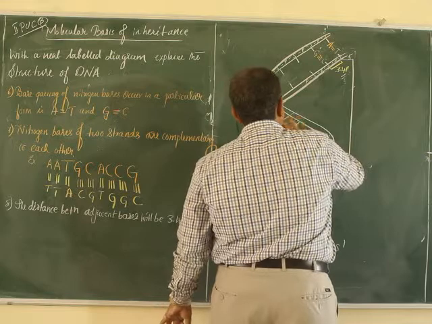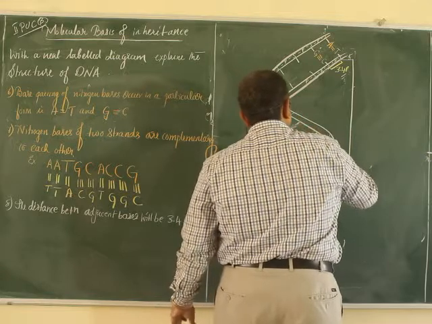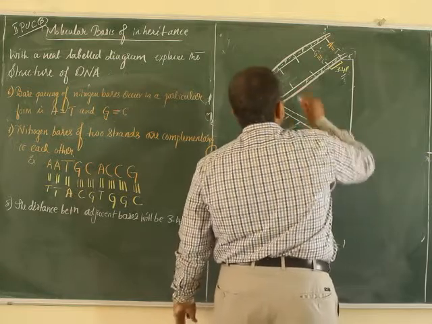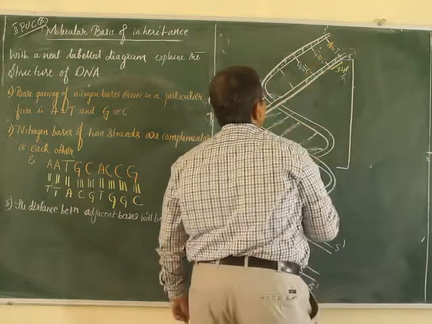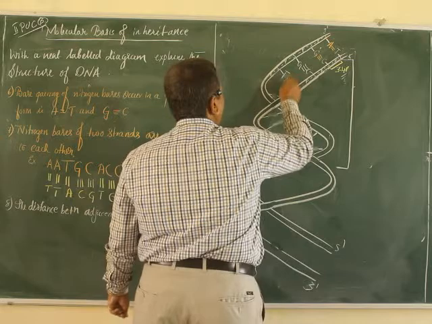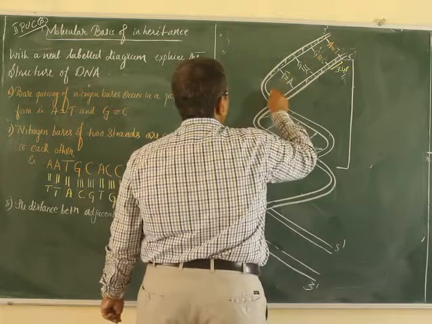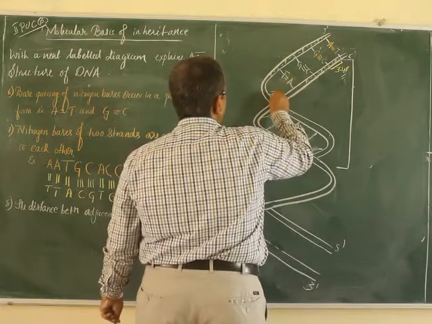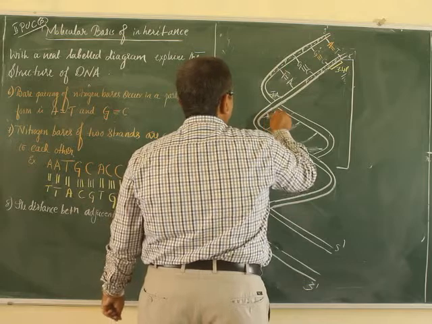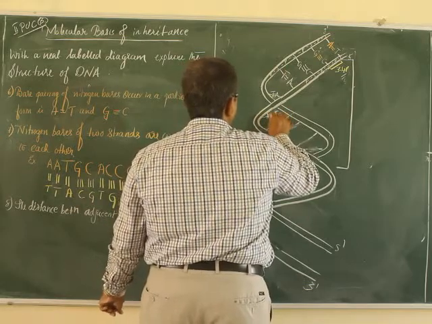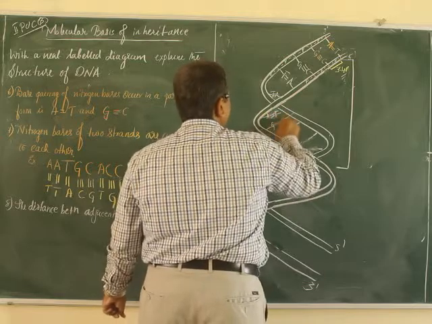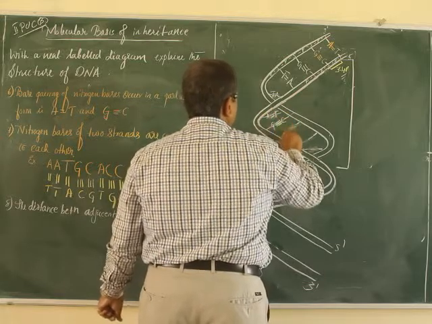Guanine, cytosine, 3 hydrogen bonds. Thymine, adenine, 2 hydrogen bonds. Thymine, adenine, 2 hydrogen bonds. Adenine, thymine, 2 hydrogen bonds. Guanine, cytosine, 3 hydrogen bonds.